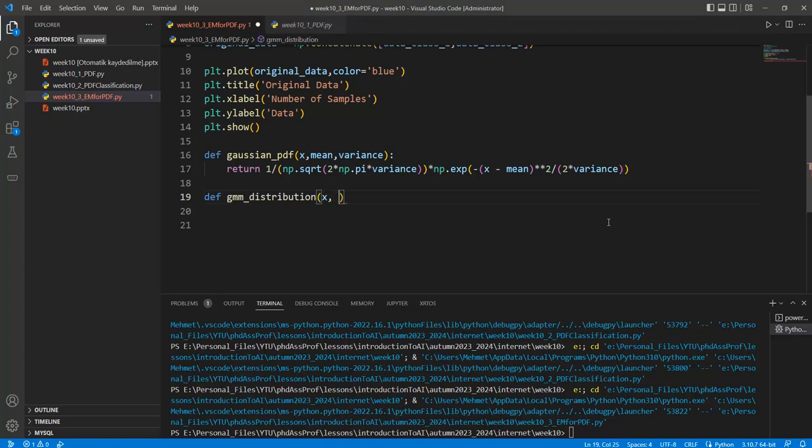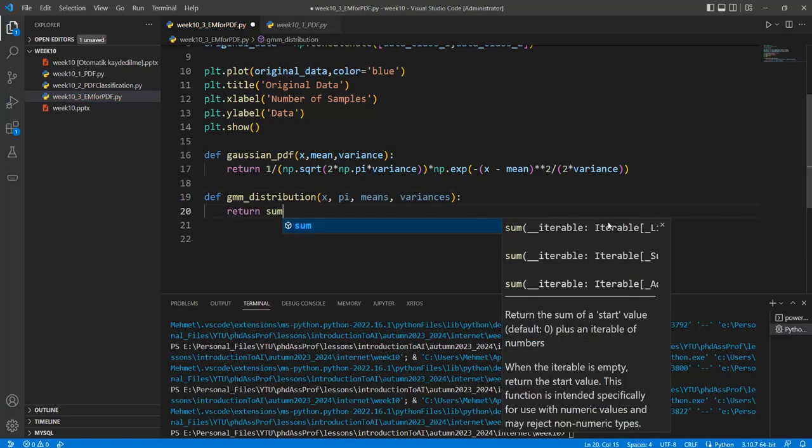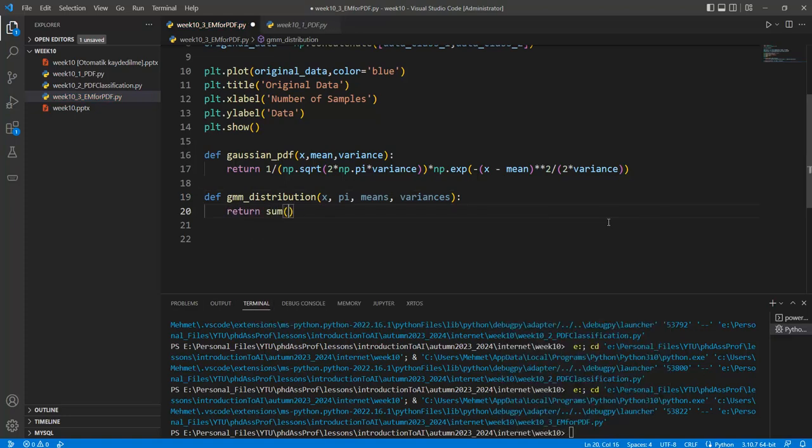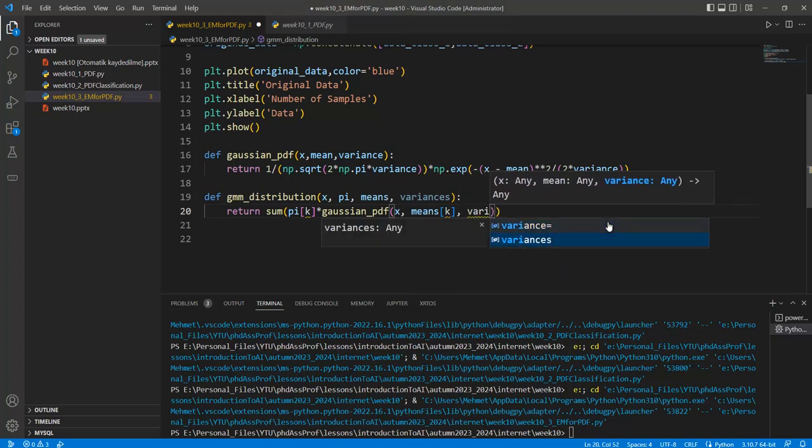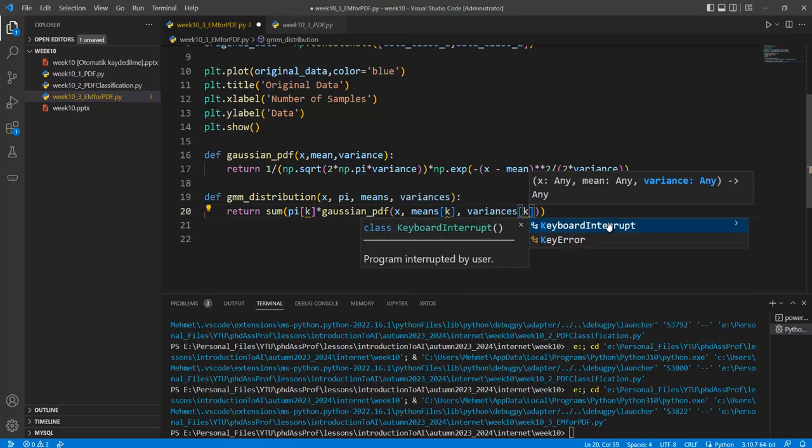We have x, pi, means, and variance values in here, and we should return the what? The summation, because sigma k equal 1 to K of pi k times normal distribution, right? And so pi k times Gaussian PDF for the x and means k and variance k, right?